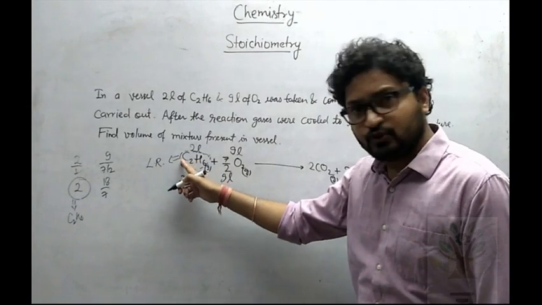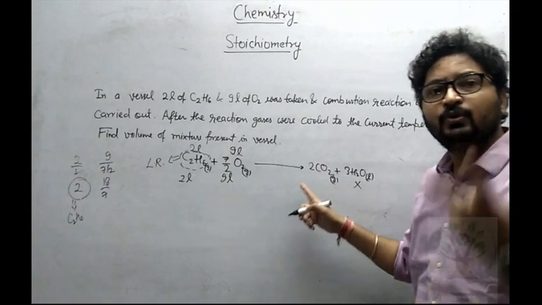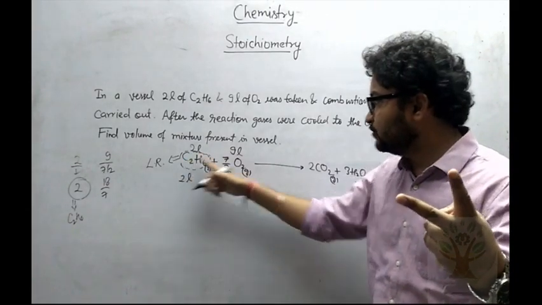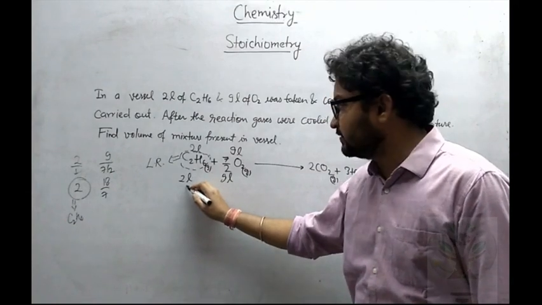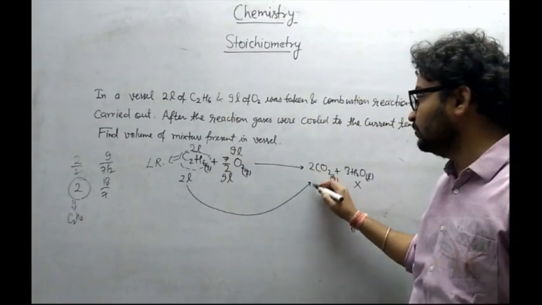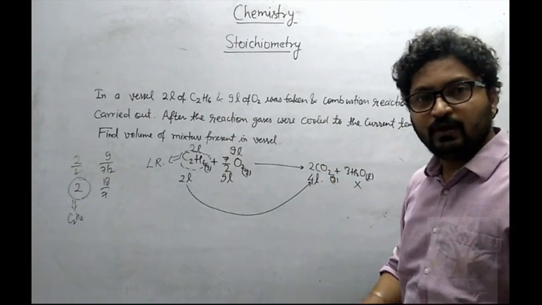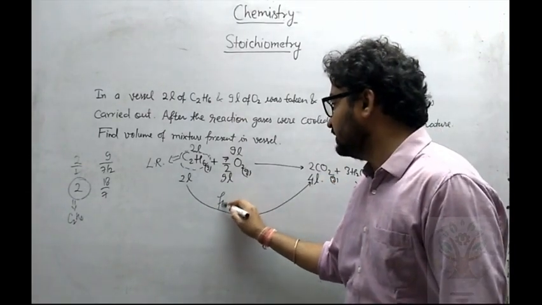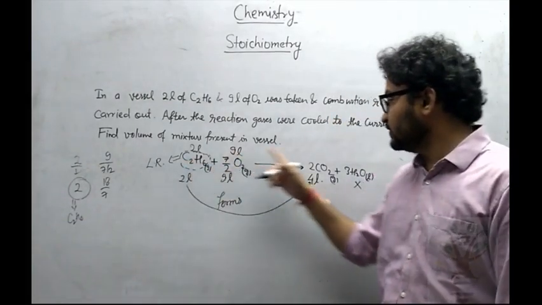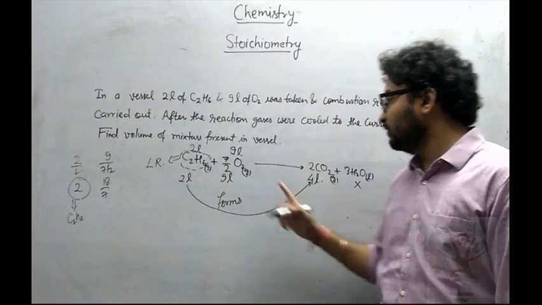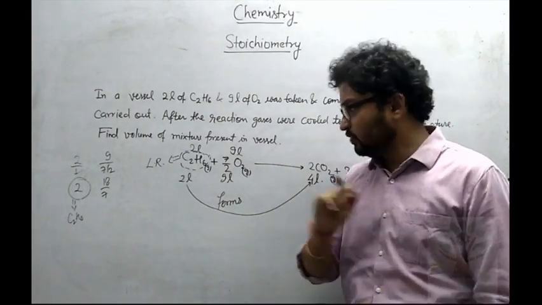If 1 C2H6 forms how many CO2? 2. 1 C2H6 forms 2 CO2. So 2 liters of C2H6 will form how many liters of CO2? It will form 4 liters of CO2. Are you getting this thing? Here in this arrow, what is written? It is written forms. If 1 C2H6 gives us 2 CO2, so 2 liters of C2H6 will give us 4 liters, just double. Clear? Good.